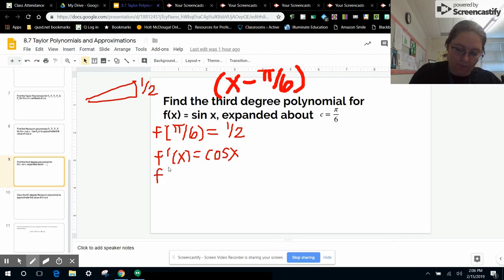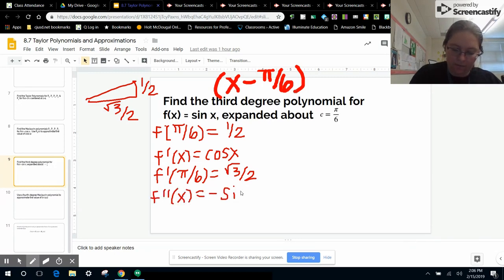So f prime of pi over 6, cosine of pi over 6, that's the long side, so that's going to be root 3 over 2. The second derivative is going to be negative sine x. So f double prime of pi over 6 is going to be negative 1/2.